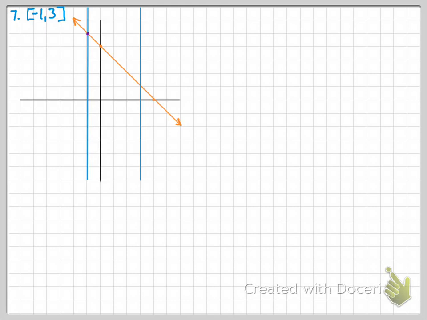I have shown you at my -1 and at my 3 the lines of my interval. So we're looking right in between here, anything from here to here, including those lines. Let's do a different color.